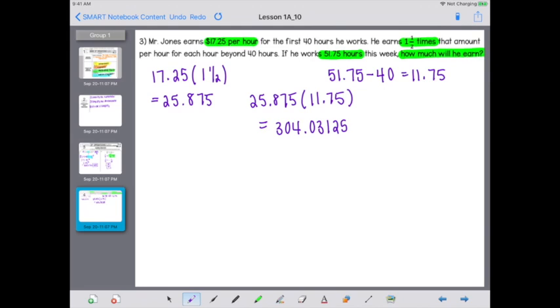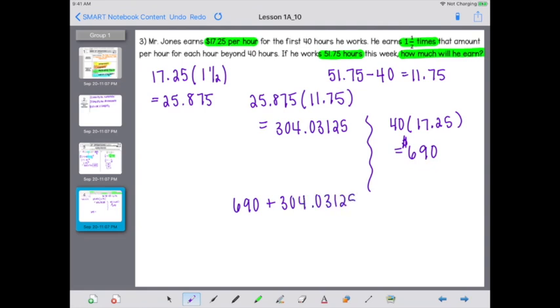Okay, so we want to figure out how much he made for the 40 hours. So 40 times 17.25. Mr. Jones will make $690. So we have 690 plus 304.03125.